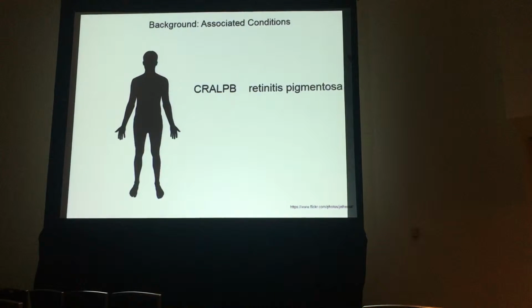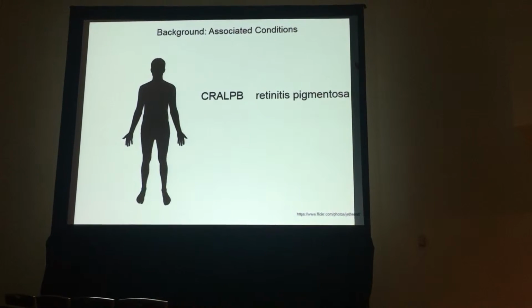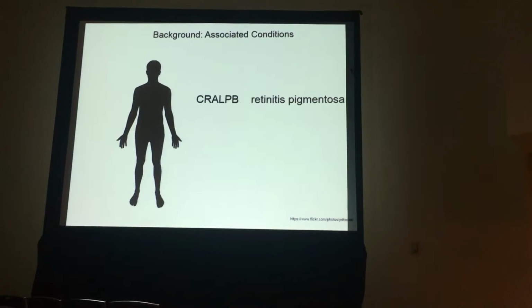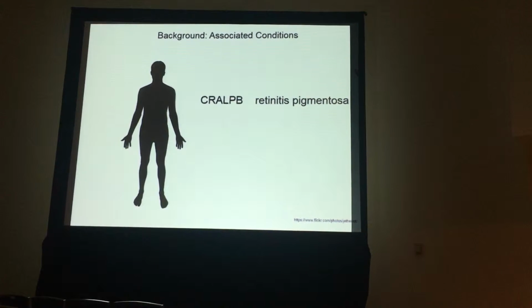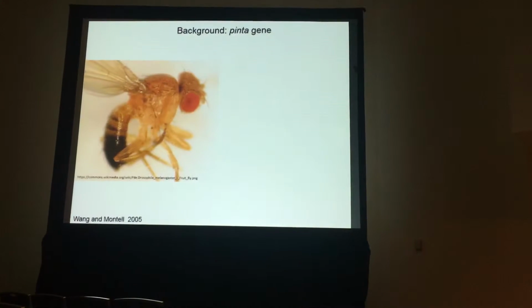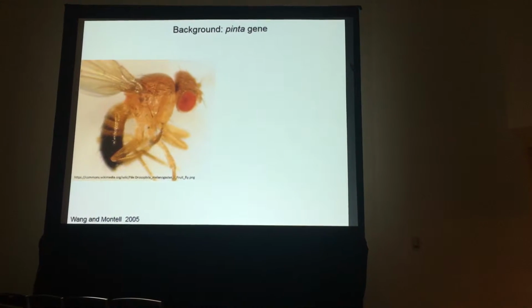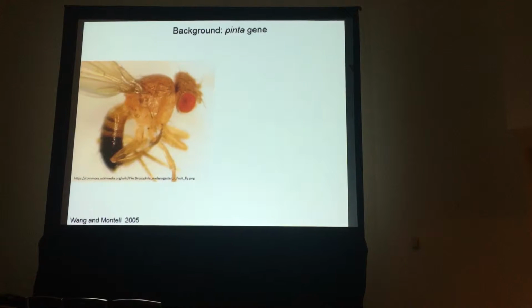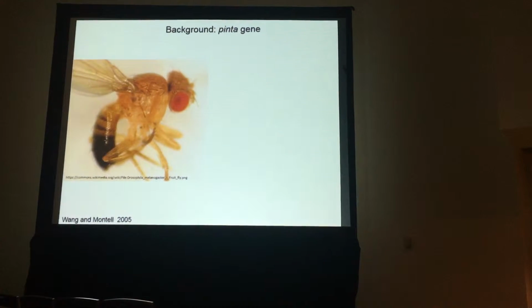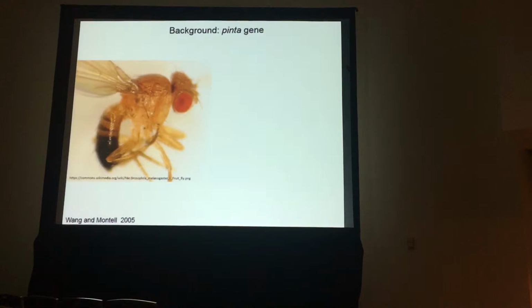In humans, mutations in a gene encoding CRAL-BP result in inherited blindness known as retinitis pigmentosa. This is degeneration of the rod cells. And in insects, these CRAL-TRIO domain proteins exist, but their function is not really well known except for in Drosophila.